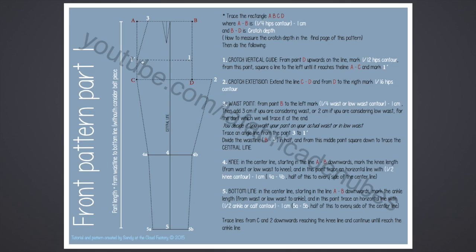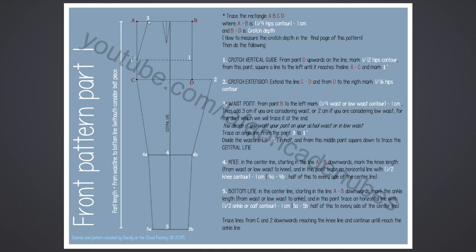Then from this point you have to trace this line, a square line to the left until you reach the line AC, and there mark the point number 1 prime. The point number 2 is an extension of this line to the baseline of your rectangle, so extend this line, and from the point D to the right you have to divide your hips contour by 16 and mark it here.